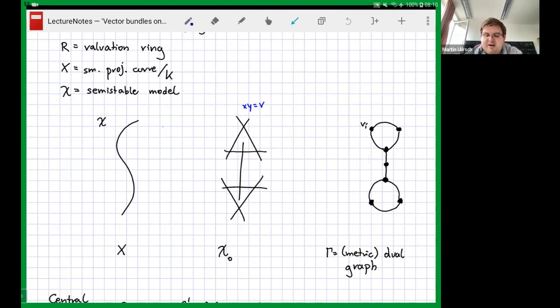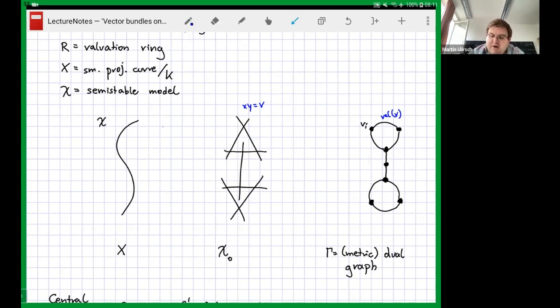And then you take the valuation of r as your edge length here, and that also does not just produce some finite graph. So it also tells you about the metric on that graph. And I mean, it really comes sort of from the fact that you're not just looking at this nodal curve, but the whole family of the curve.